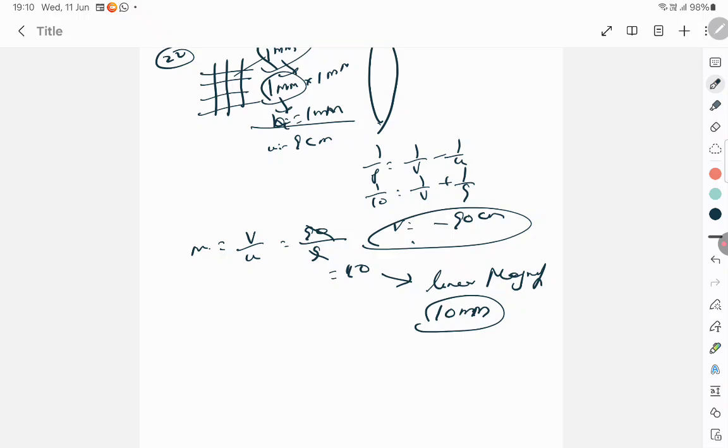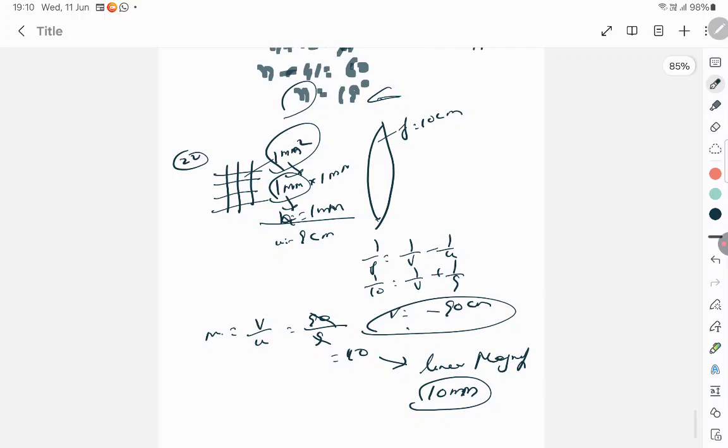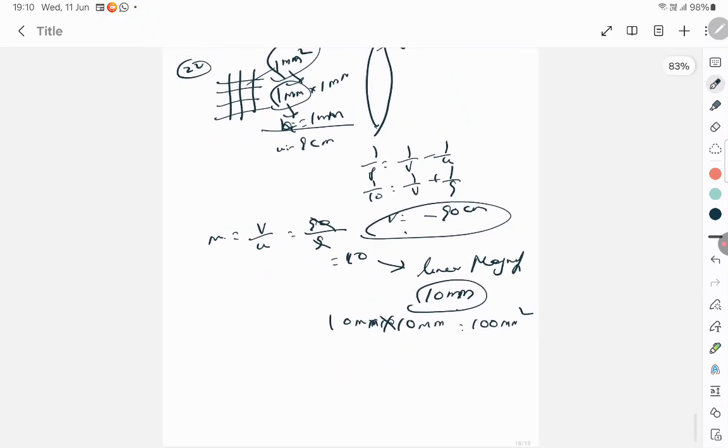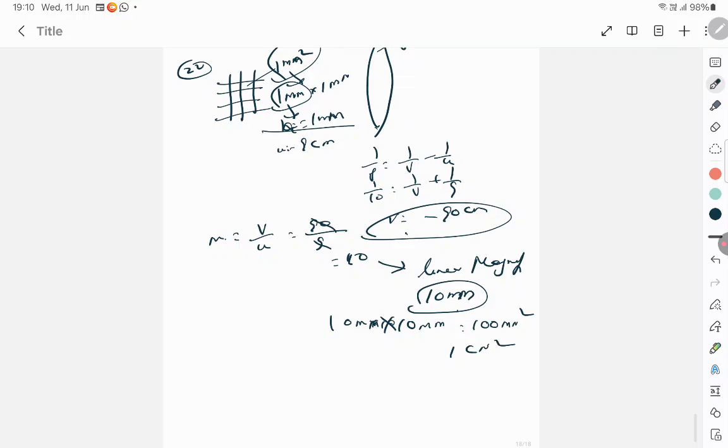But if they ask you for area magnification, in that case it's 10 millimeters into 10 millimeters, so it becomes 100 millimeter square, or 1 centimeter square, the area magnification. So it depends on whether they are asking you for linear magnification or area magnification.